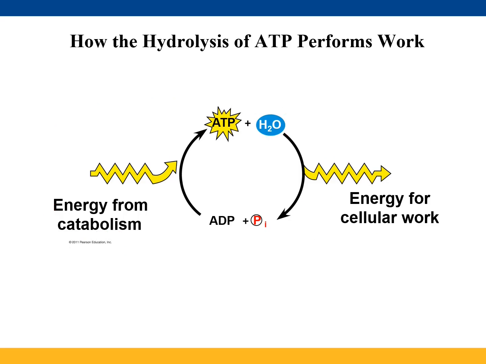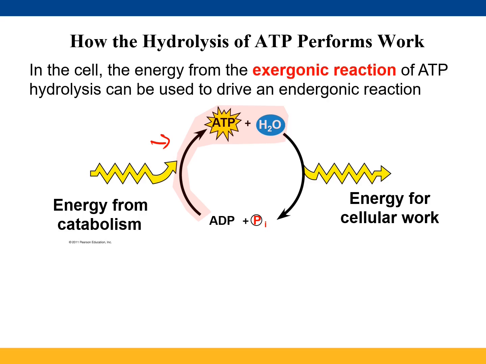So now let's summarize what we said. In this case, we studied this particular aspect of the hydrolysis of ATP, that is how exergonic reactions are coupled to endergonic reactions. So in the cells, the energy from the exergonic reaction of the hydrolysis of ATP can be used to drive endergonic reactions.